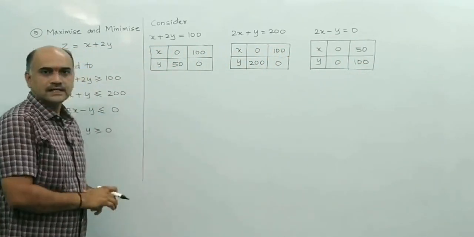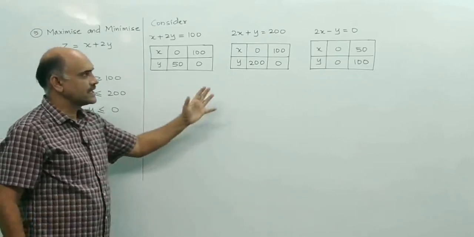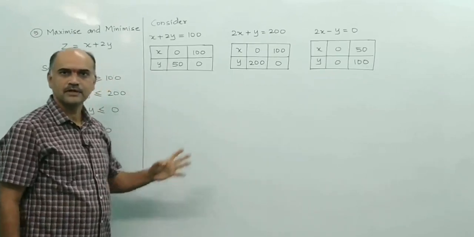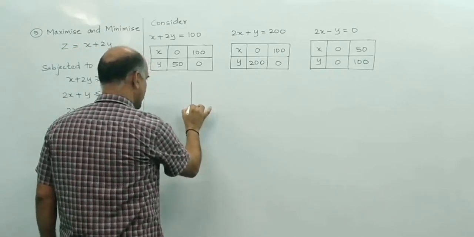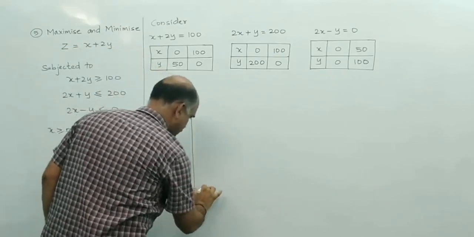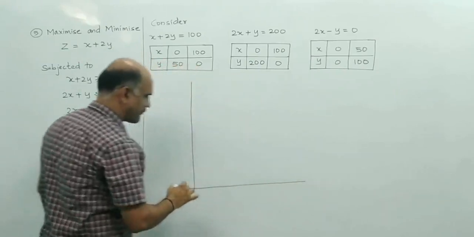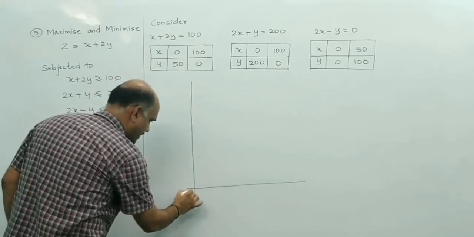So after getting 3 points, take the graph paper and draw the graph. I will be drawing a rough graph over here, but students, take a graph paper and draw perfectly.